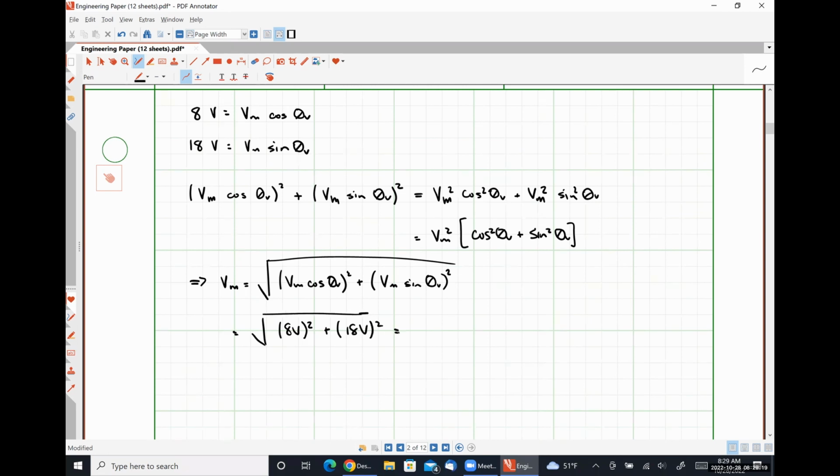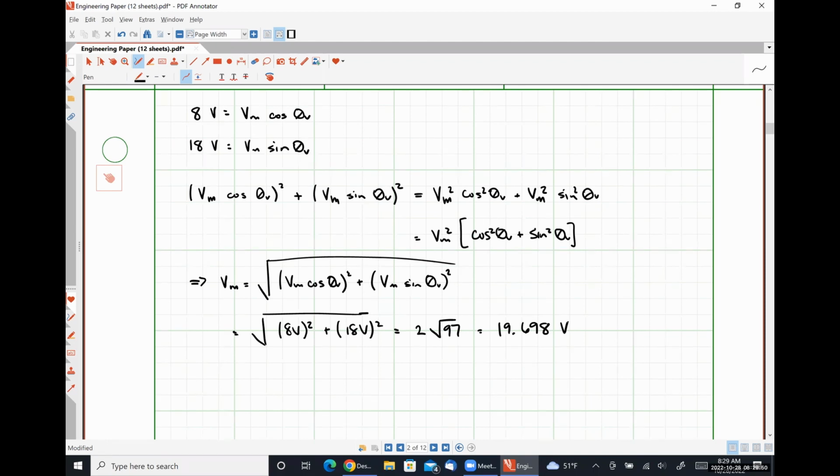Get my calculator out real quick here. The square root of 8 squared plus 18 squared is 2 square root of 97, or 19.698 volts. So that's what I believe our magnitude should be based on the trig identities that we've applied.